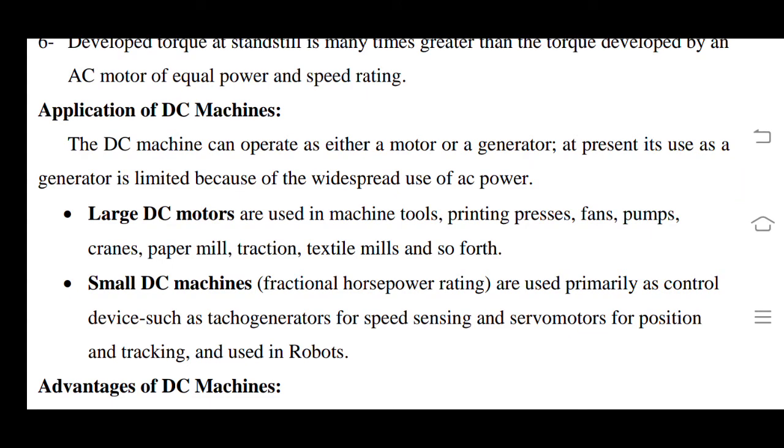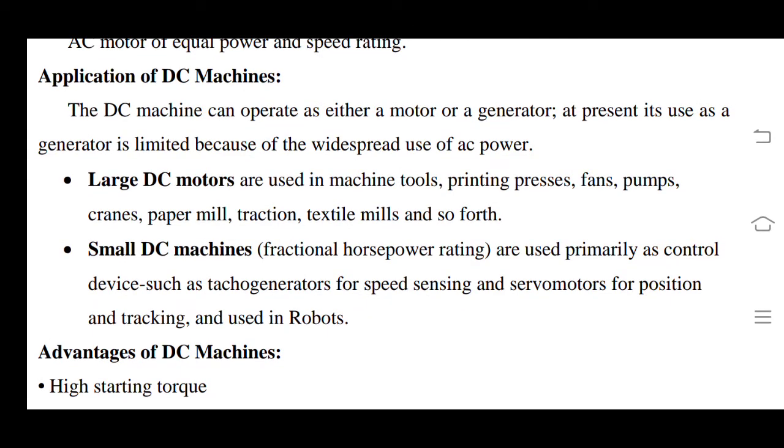Now the applications of DC machines. The DC machine can operate as either a motor or a generator. At present its use as a generator is limited because of the widespread use of AC power.